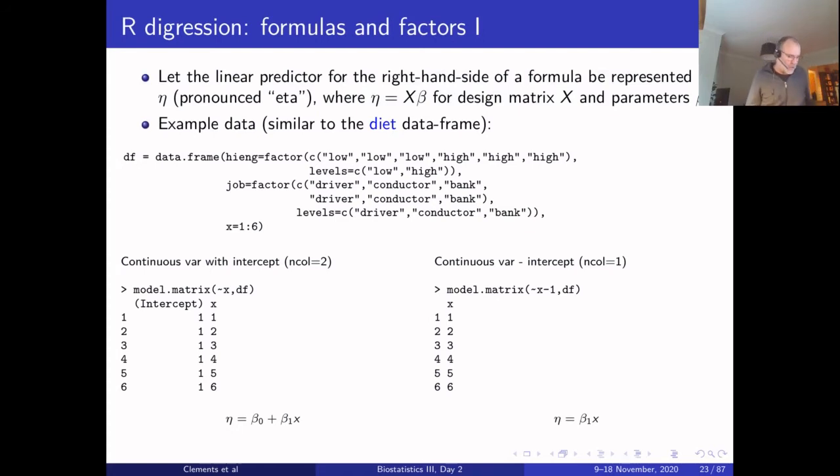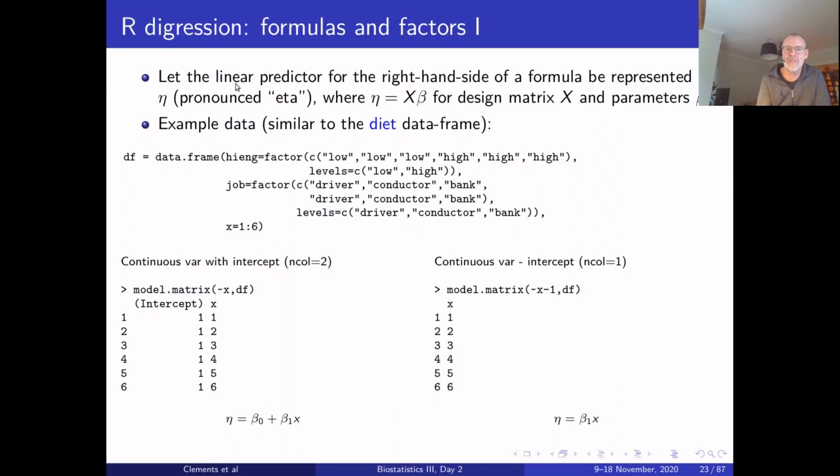Okay, so I'm now going to take you through a bit of a digression to do with R. I'm talking about formulas and factors, and I think this is important for understanding how R constructs the design matrices from formulas for factors.